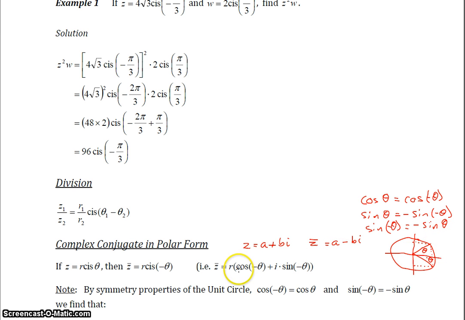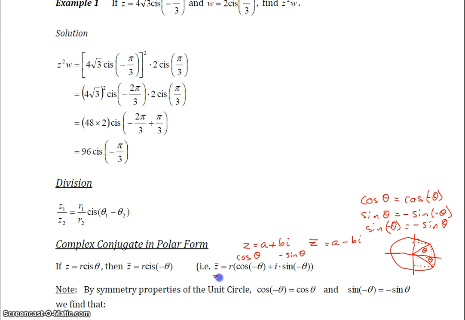Well, let's have a look at what we've got here with our conjugate. Cos of negative theta we could write as cos of theta. Sine of negative theta we could write as negative sine of theta.